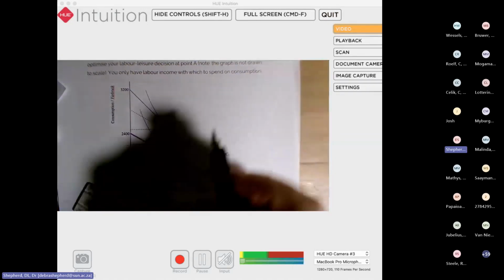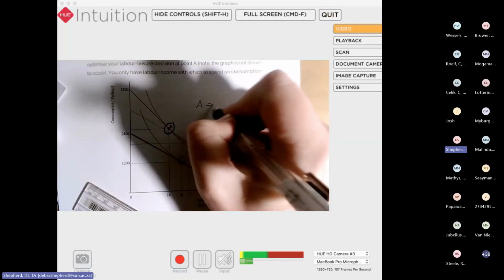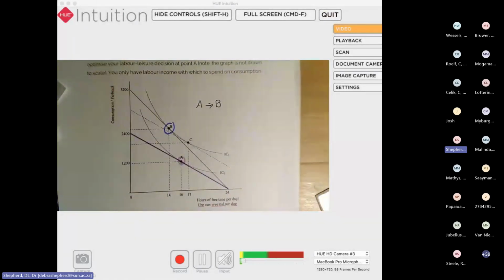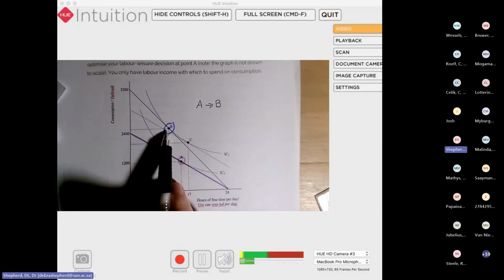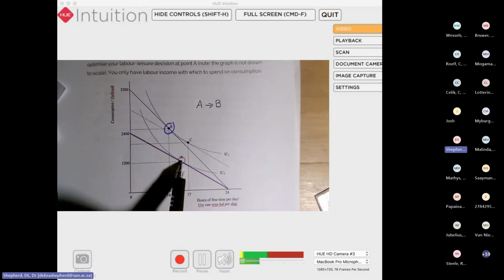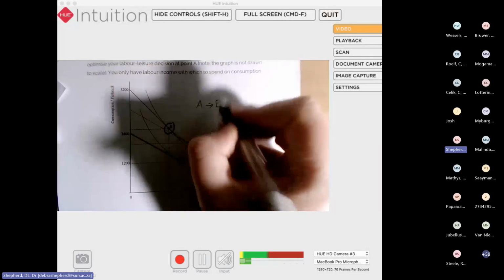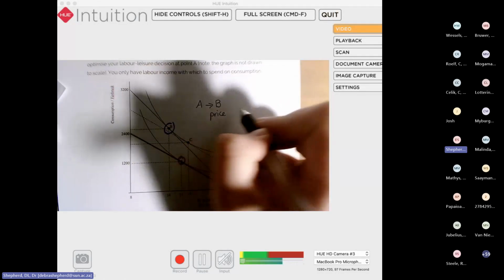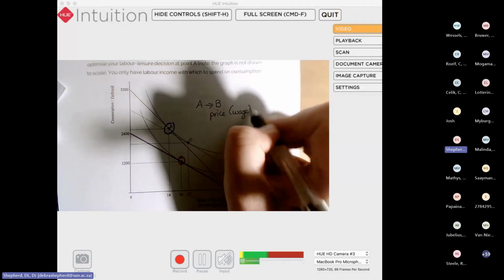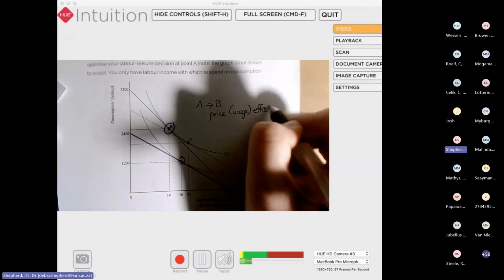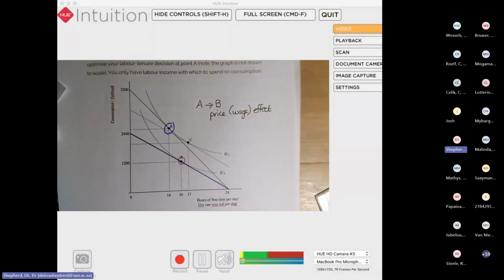What would we call the movement from A to B? Moving from one optimal point to another optimal point, we call this the price, or in this case, the wage effect. This is the overall effect of a change in a price.